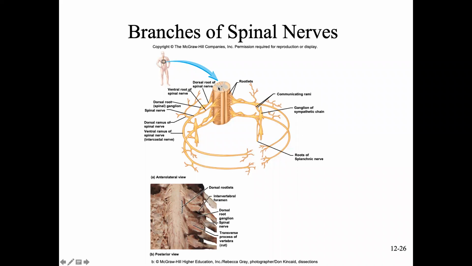So what happens? If you are working out and you want your heart rate to increase, you want your blood pressure to slightly increase, you want your breathing rate to increase, all of that needs to increase. You want more blood flow to the muscles that you're working. What happens?